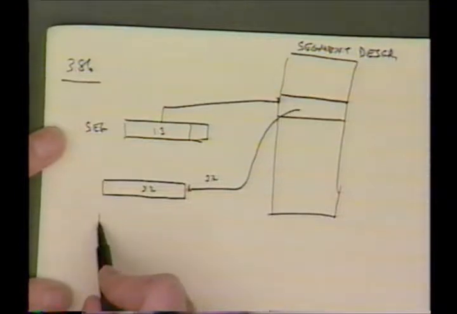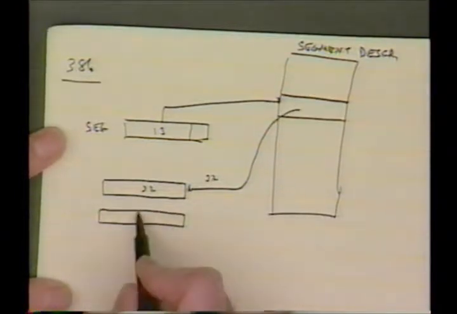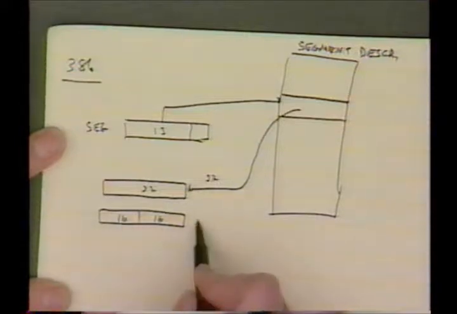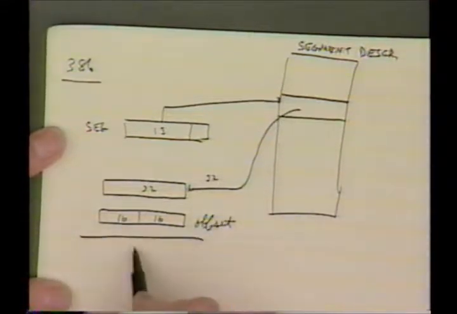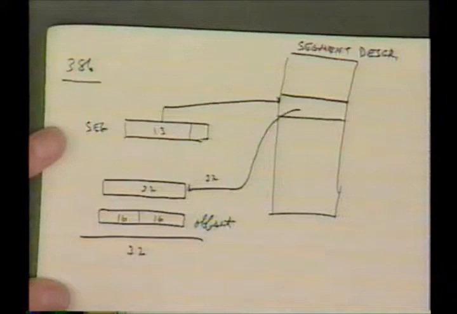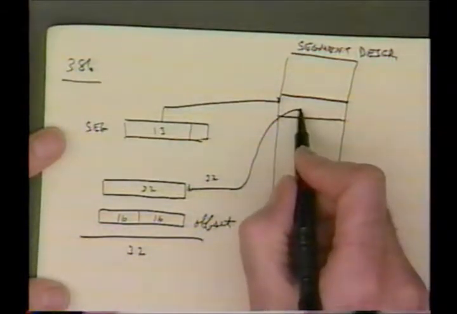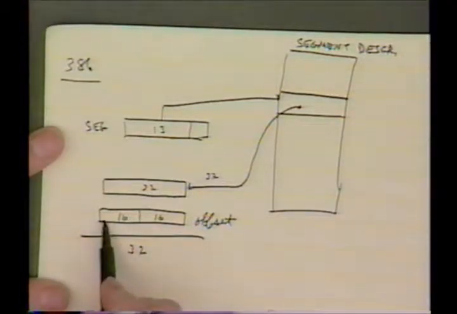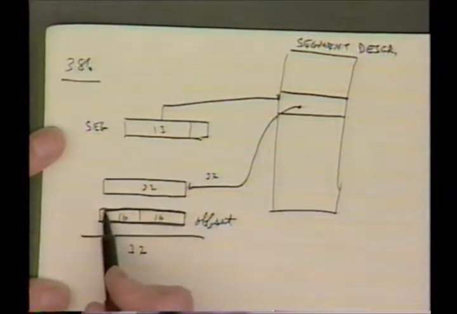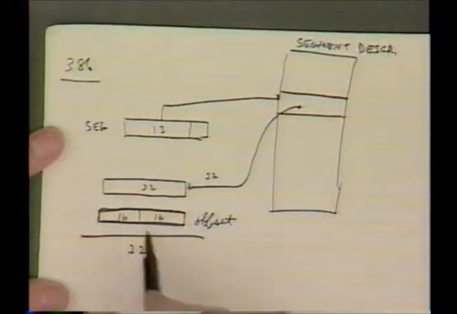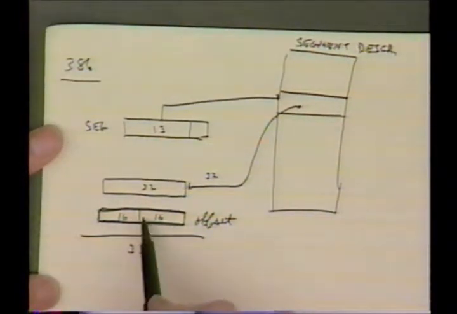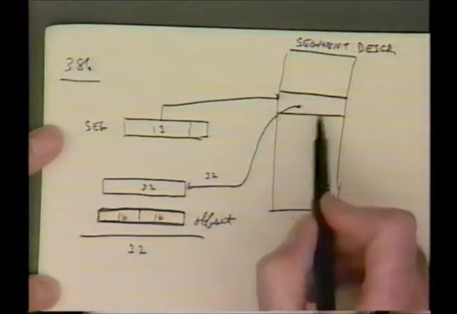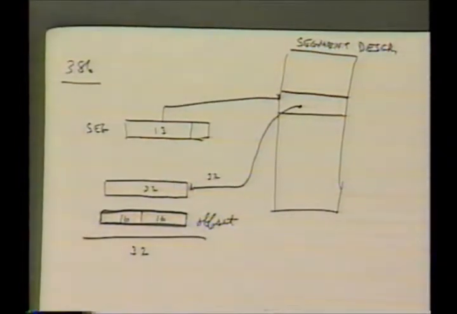But they also allow offsets within the instruction to be either 16 bits or 32 bits, producing a 32-bit address. So the effect of this now is that, number one, not only did they allow 2 to the 32 bytes to be addressed, or at least virtual bytes to be addressed in the machine, but they allowed segment numbers to be as large as 2 to the 32. Whether or not offsets for a particular segment are 16 bits or 32 bits depends on type information that's encoded within the segment descriptor.